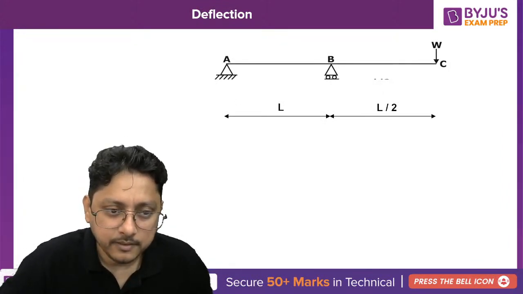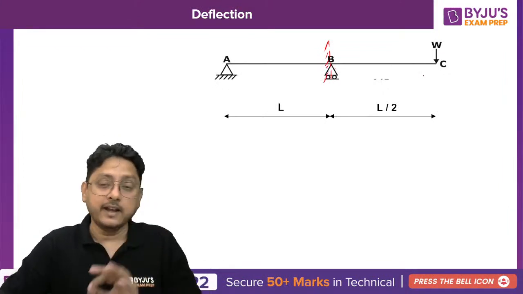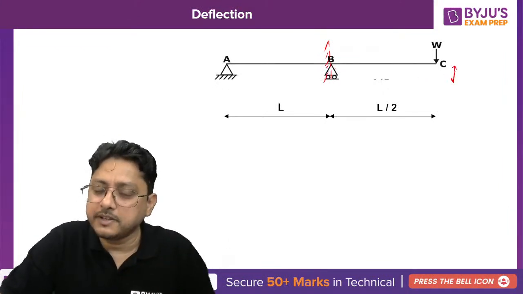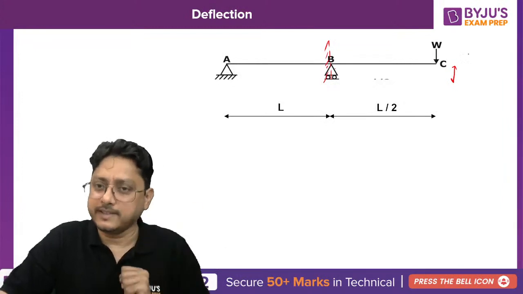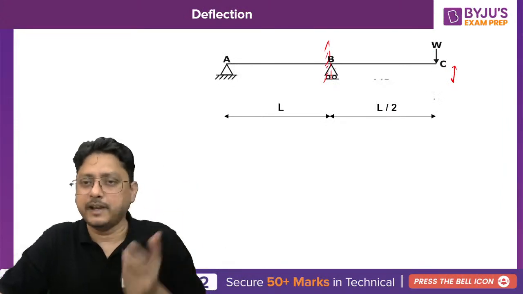What will happen? Those who are very new will understand it very easily. If it is fixed, normally the beam BC will bend, isn't it? And the deflection you are going to get will be simply PL cubed by 3EI. You will keep the value of L by 2 and W, whatever you have, in that PL cubed by 3EI.